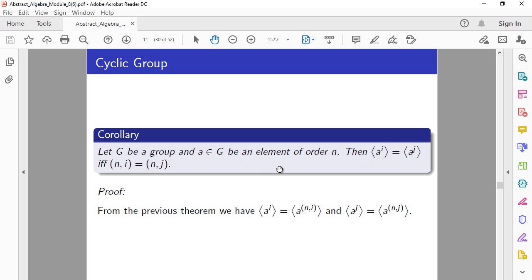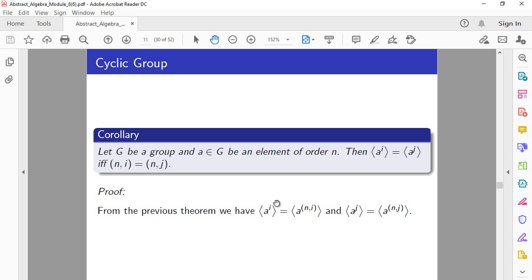Well, once we apply the previous theorem, it's easy to see why this is the case. So by the previous theorem, we know that the subgroup generated by a to the i is the same as the subgroup generated by a to the GCD of i and the order of a. And so also the subgroup generated by a to the j is the same as the subgroup generated by a to the GCD of n and j. Well, clearly these two are equal if and only if these two are equal.